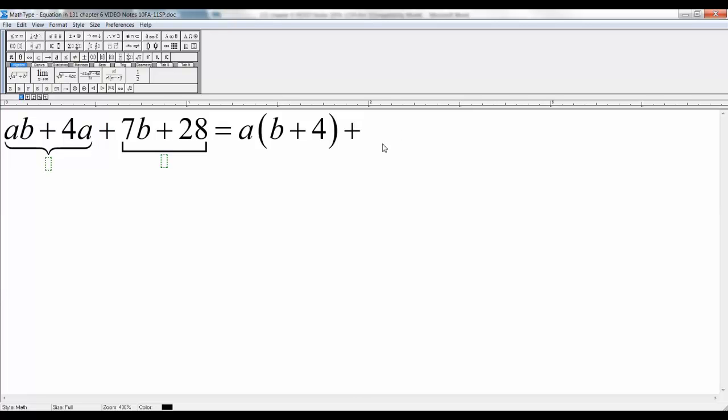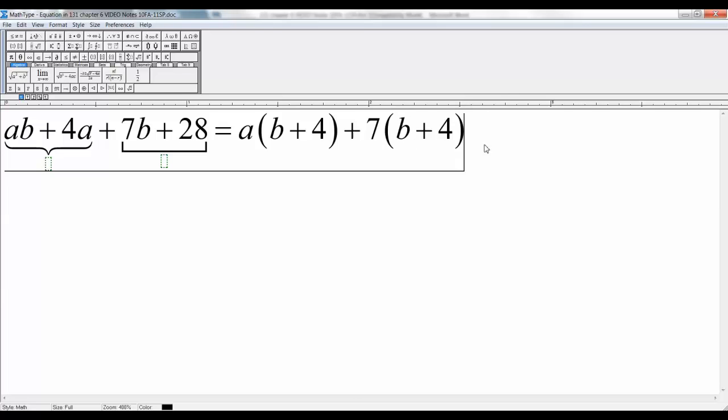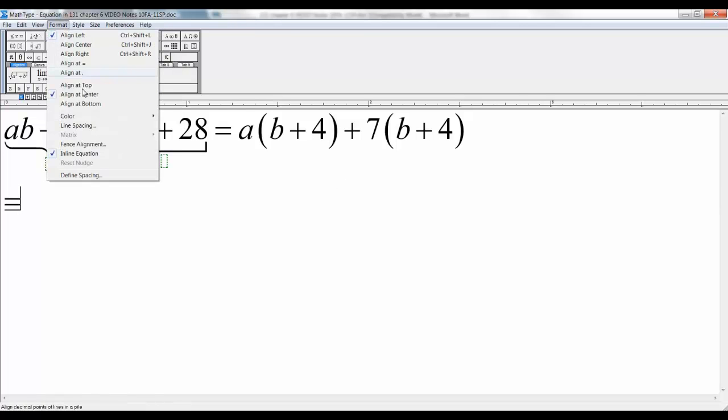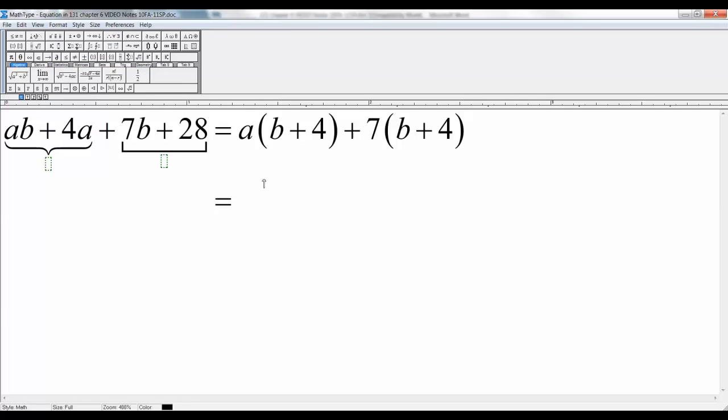And then you'd say 7 comes out of the last one, and so you're left with b plus 4. And then you say, whoa, wait a second. That means that I'm at the same problem that I was before. They both have b plus 4 in common, so I could factor out the b plus 4. And that leaves me a plus 7. All right, so you see what I did there?